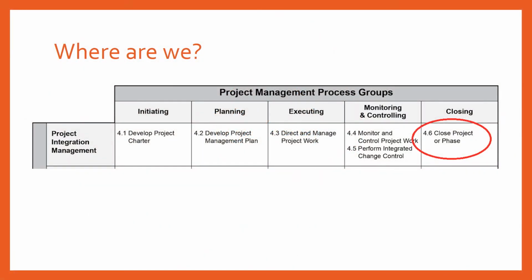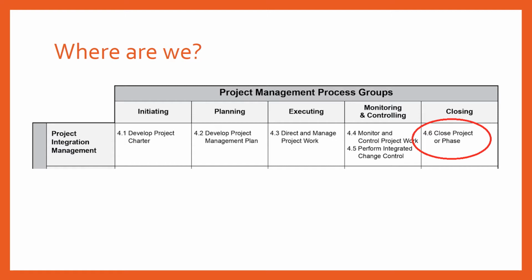First up, it's very important to understand where we are right now. Project integration management, that is the knowledge area. The process group is closing, and if you can see the red encircled is the close project or phase process. So this is the process that we are discussing today. All the previous processes that you see: the two processes under monitoring and controlling, which are monitor and control project work and perform integrated change control. Under executing, you've got direct and manage project work.